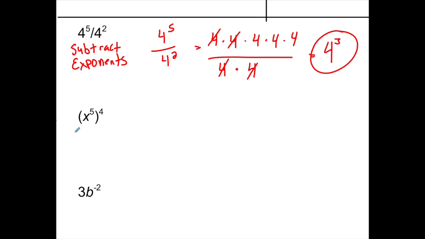Here we're going to use our rule of fly high multiply. This is literally x to the 5th times x to the 5th times x to the 5th times x to the 5th, which is x to the 5th to the power of 4. The exponents would add, another rule we learned.